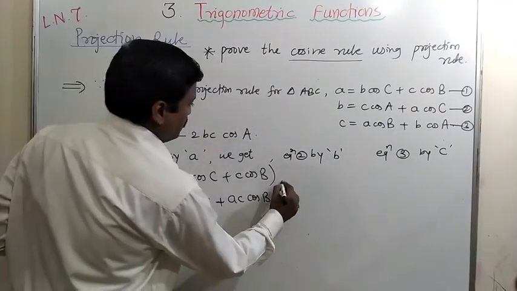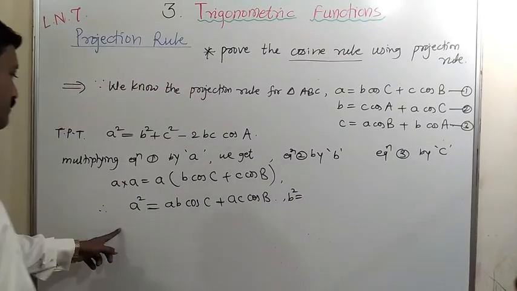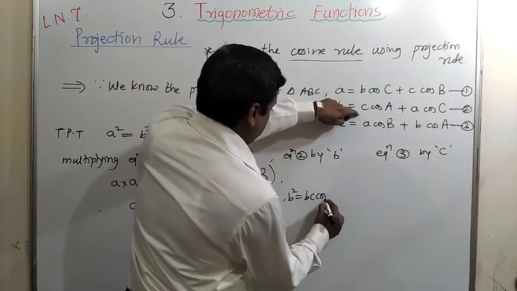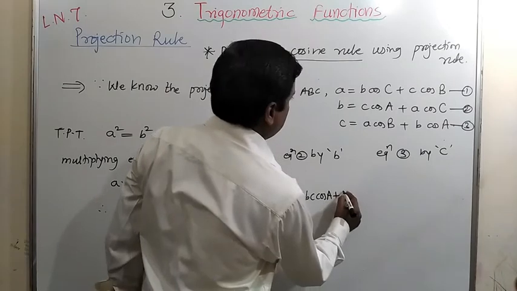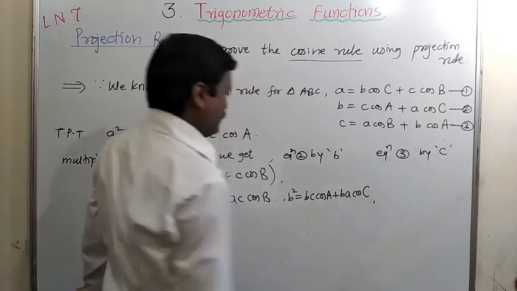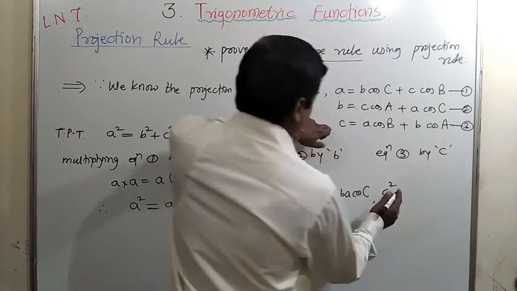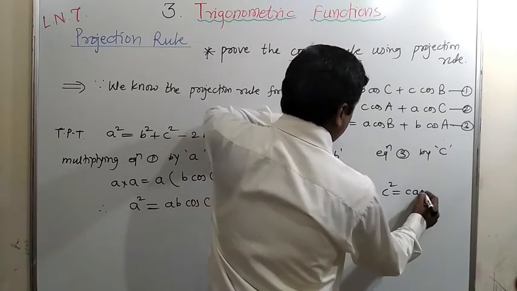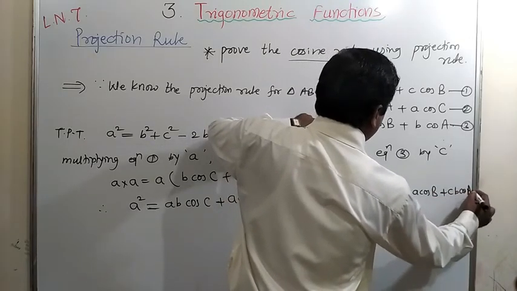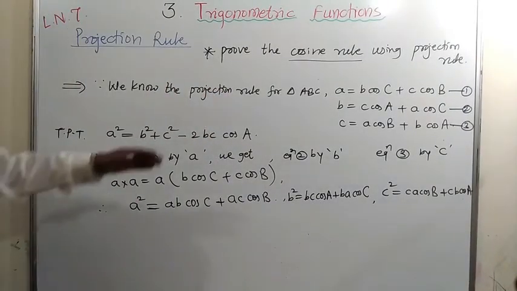Here we get b square is equal to bc cos A plus ba cos C, and multiplying the last one by c, we get c square equal to ca cos B plus cb cos A. So we get a square, b square and c square from projection rules.